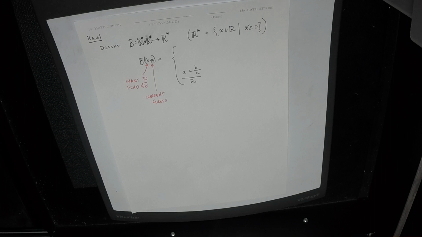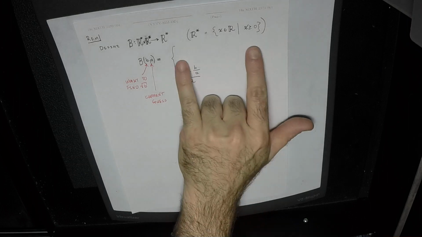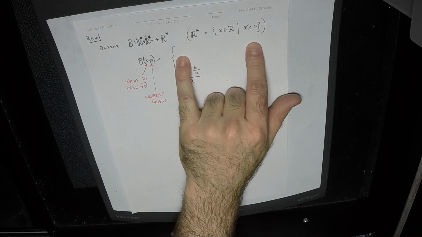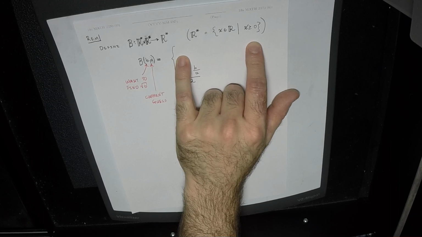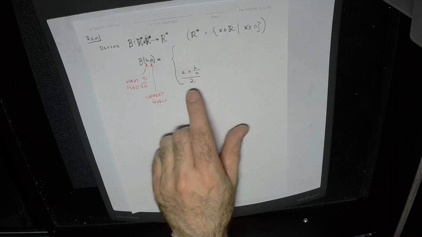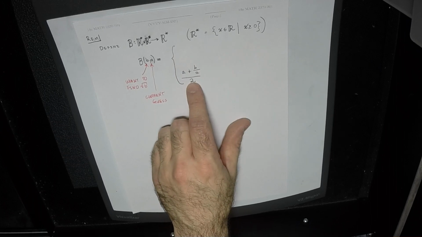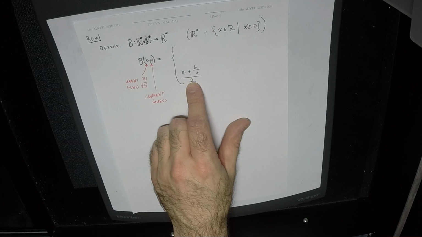But in fact, we can do better than this by putting a clause up here, because there's one special case. Sorry? Well, even when the answer is correct. 0? Right.